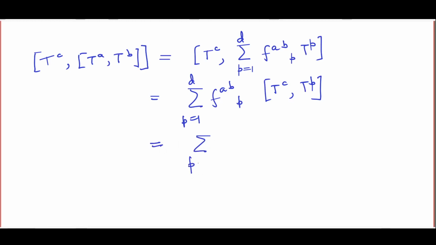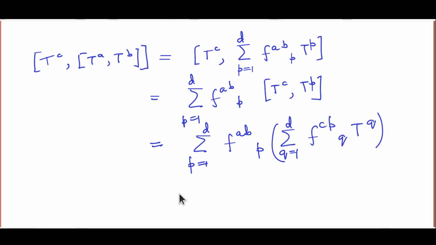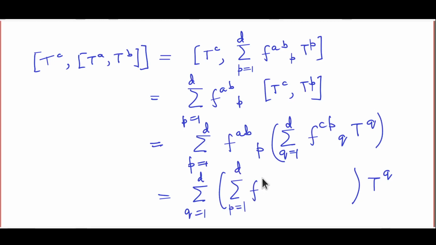So this here becomes a sum over q running from 1 to D once again of f_cp^q T_q, or by interchanging the order of the sums over p and q, I can write this as sum over q equals 1 to D of T_q with the coefficient, and the coefficient is sum over p running from 1 to D of f_ab^p f_cp^q.